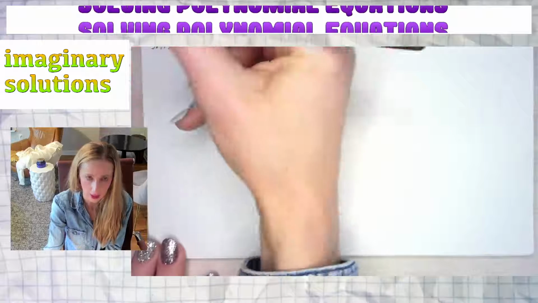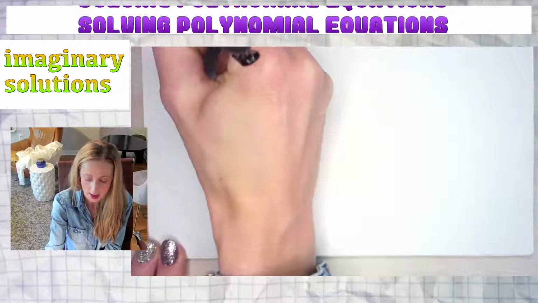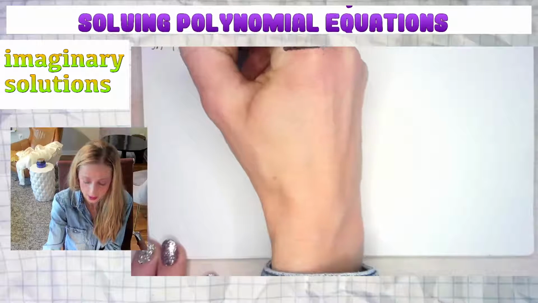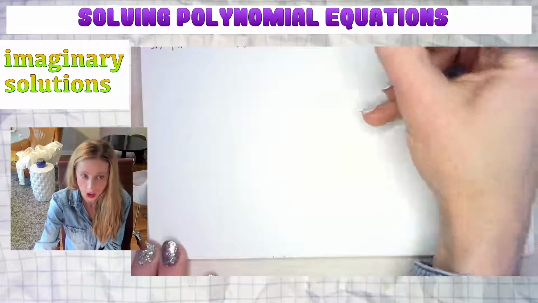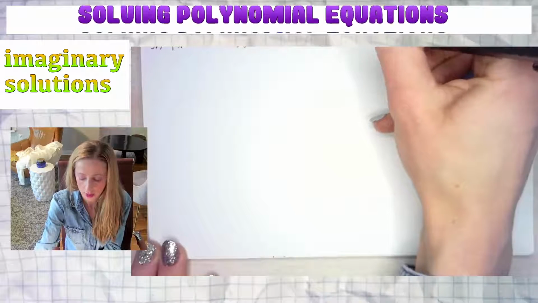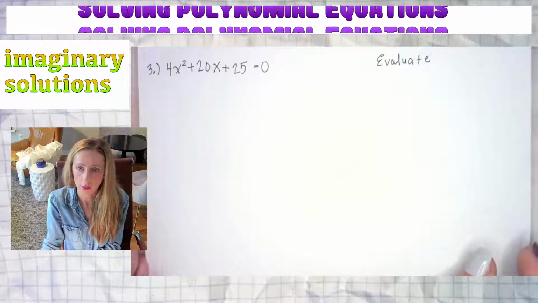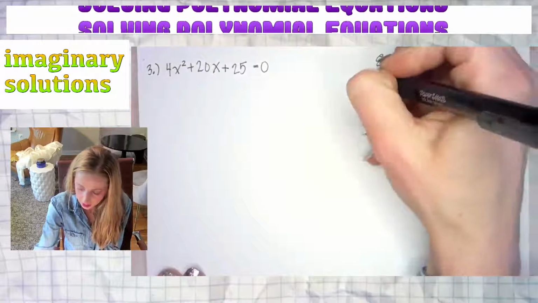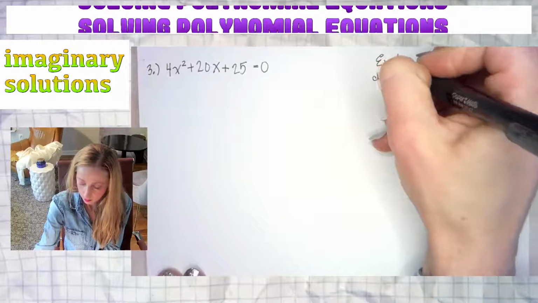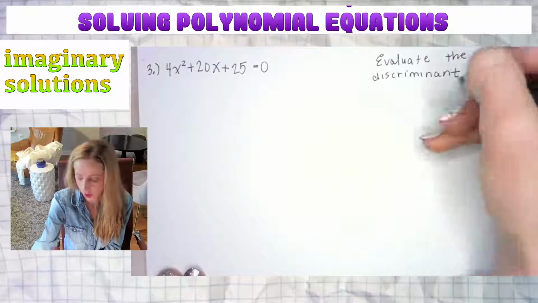So 3 was 4x squared plus 20x plus 25 equals 0. And the directions were: evaluate the discriminant, which we just went over what that is, of each equation.